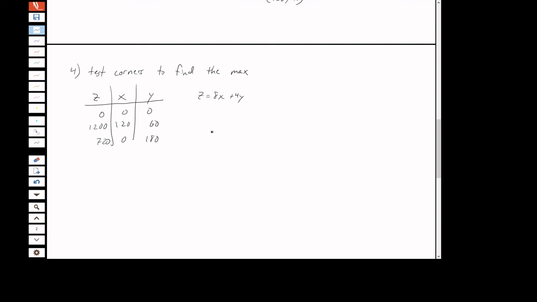Okay, so the maximum amount of money that we can raise is $1,200. x is 120, so 120 adults and 60 students.